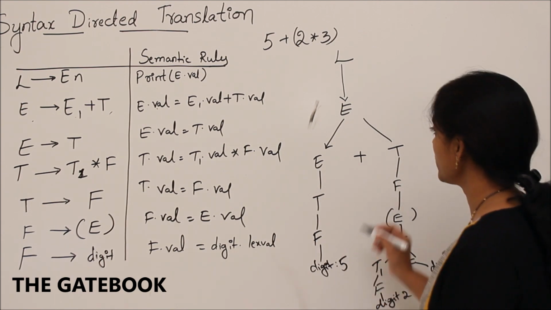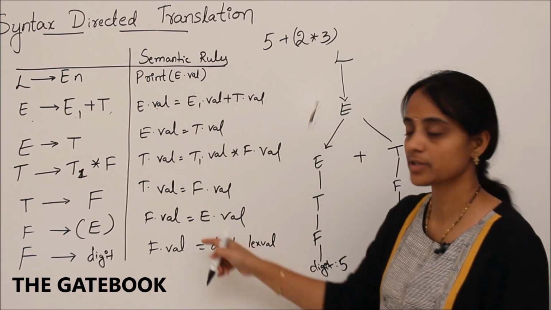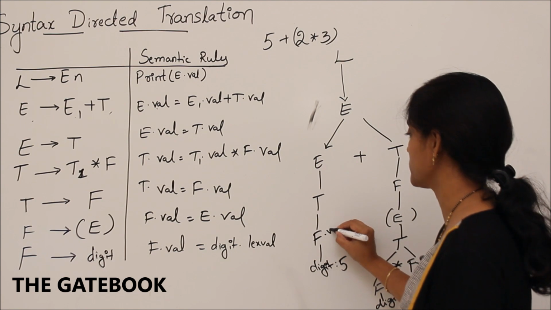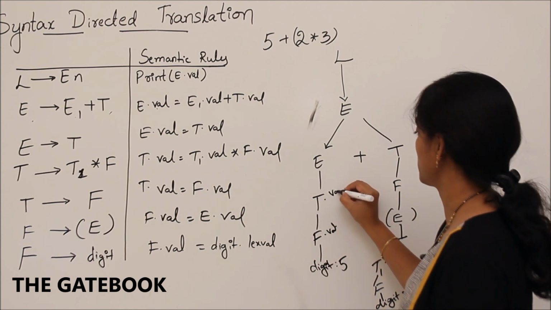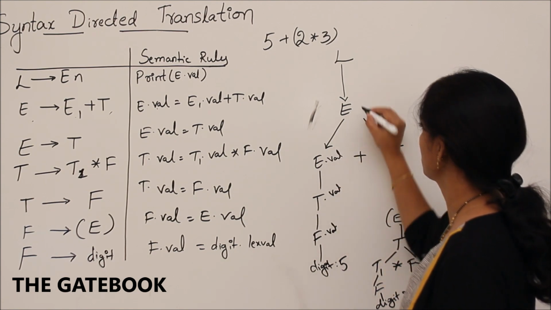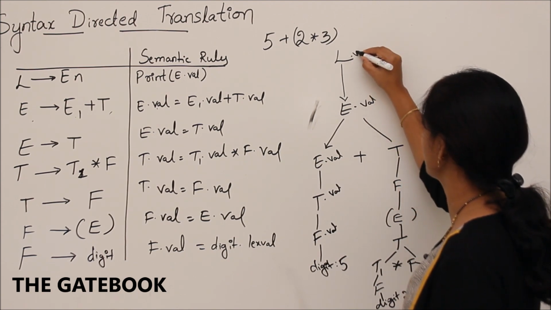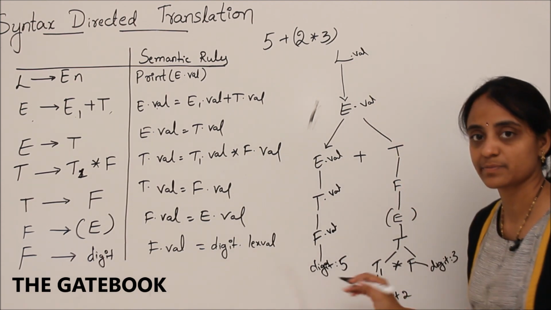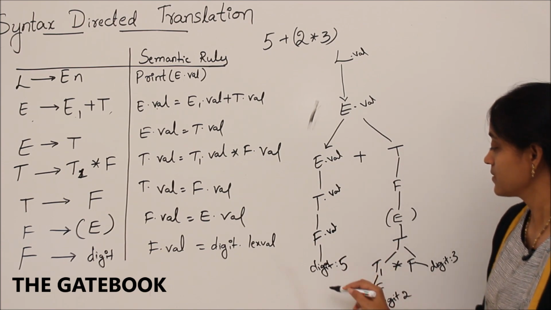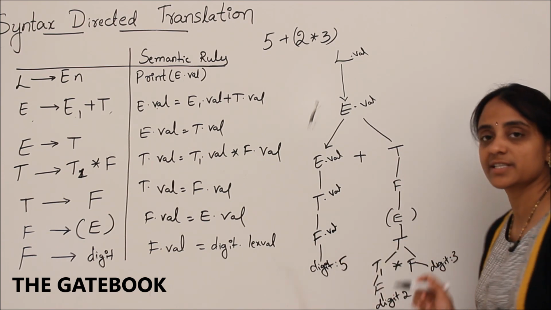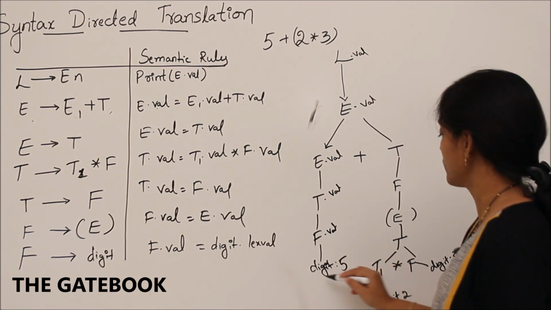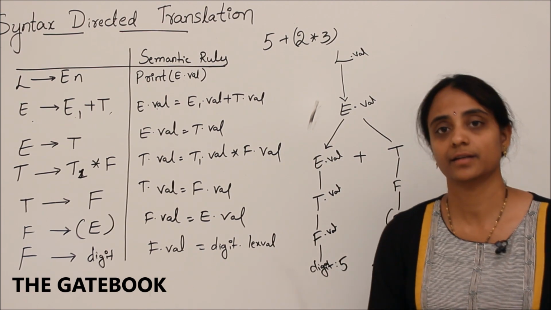Now how do we compute the attribute, that is the value, at each of these steps for each of these symbols? So let's see how we compute that. As part of this syntax tree, because all of them are using synthesized attributes, we should always start at the leaf.